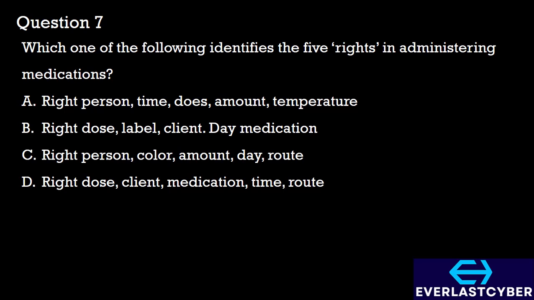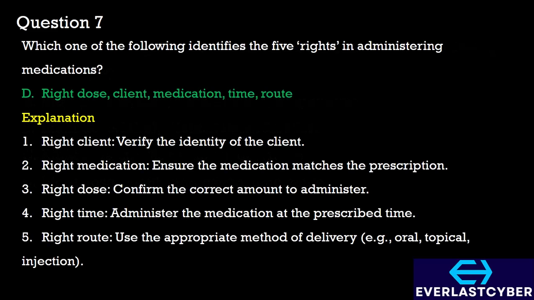The medication has to be administered at the prescribed time. And number 5, right route, using the appropriate method of delivery, either oral, topical, or by injection. So our answer here is option D. Right dose, client, medication, time, and route.